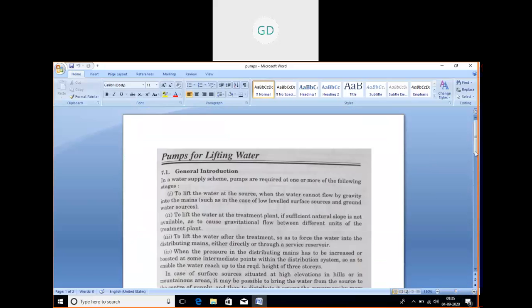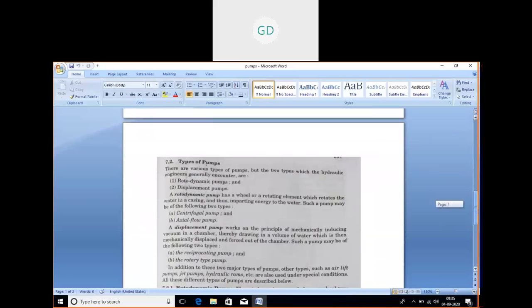Pumps, turbines, all these things, I guess you have learned in your hydraulic machines. But you just need to know about the types. Just remember the types.